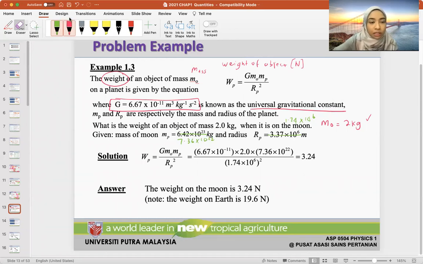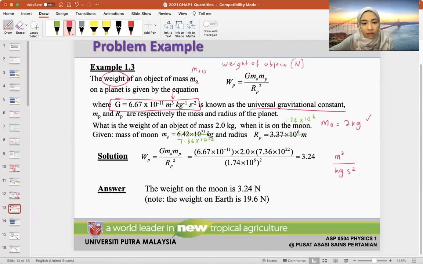But let's do dimensional analysis first. What is the unit for G? The unit is meter cubed over kilogram and second squared.